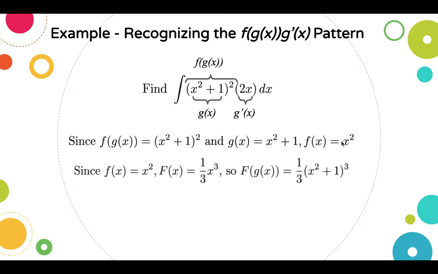The antiderivative of x squared is 1/3 x cubed. We're evaluating that at g of x, so it's 1/3 times x squared plus 1, to the third power.